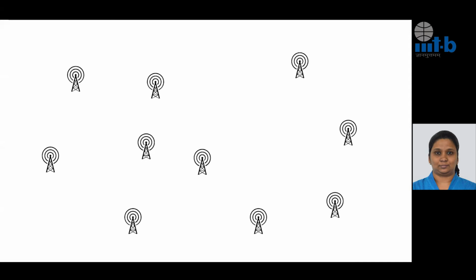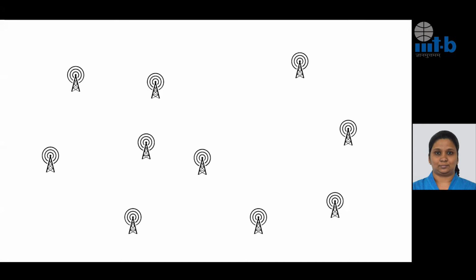So let's go back to our problem of assigning frequencies to base stations. To repeat the question, we want to assign frequencies such that for every client which is connected to at least one base station, there should be a base station emitting at a unique frequency.